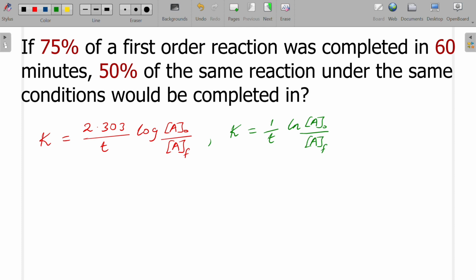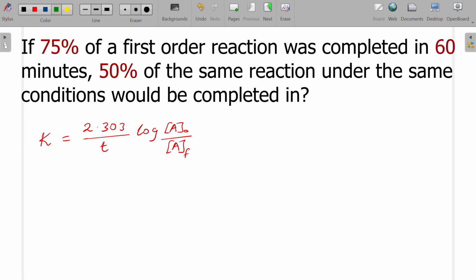So these two will still give you the same answers. You can use either one, you still get the same answers. In this video, we are going to use the one that uses standard log. So let's get rid of this part here.